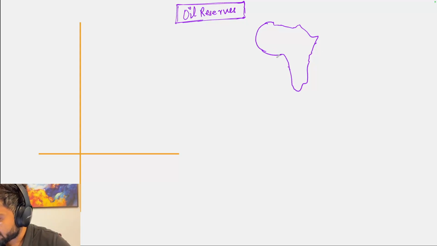The most important reason where we have oil reserves is this part. So this is Gulf of Guinea region.